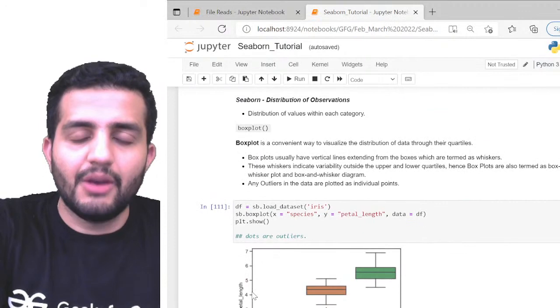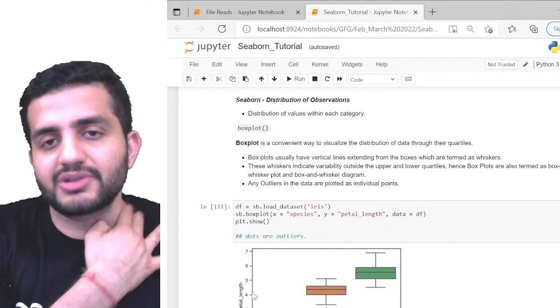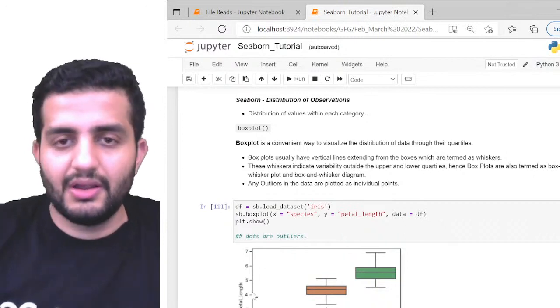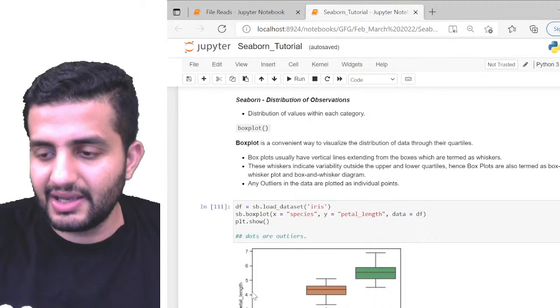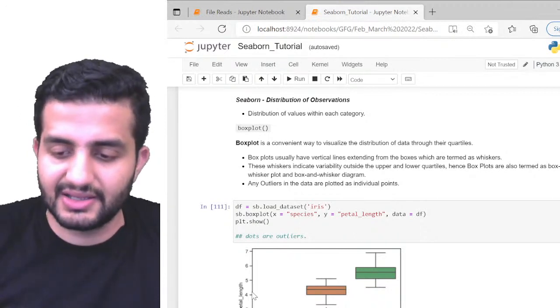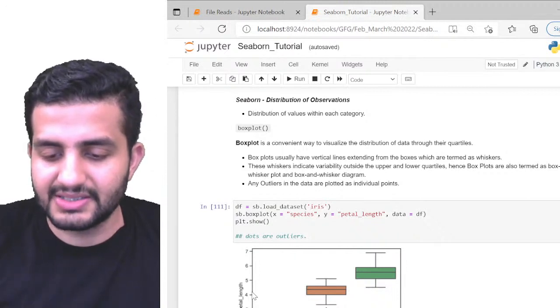Okay, now proceeding ahead, we have the Seaborn distribution of my observations. But again, I think we should really take a pause here. Any questions, any concerns, guys? Anything which you want me to cover? Are you able to get what we are doing here? Is it making sense?